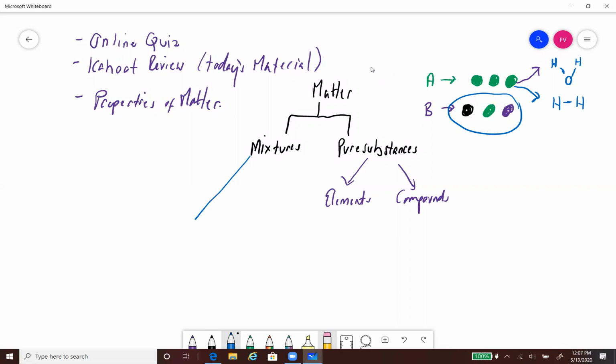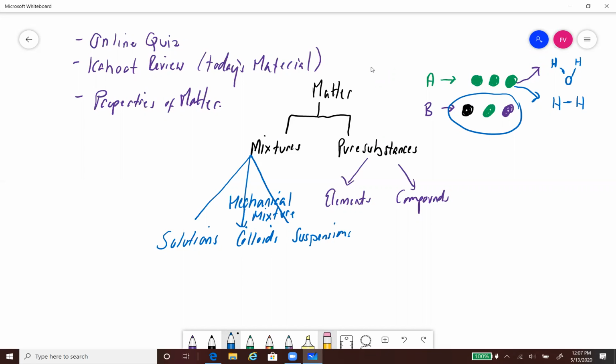And we were able to break down mixtures into three categories: solutions, and mechanical mixtures, which I'm going to use the word mechanical mixture for, which refers to colloids and suspensions.